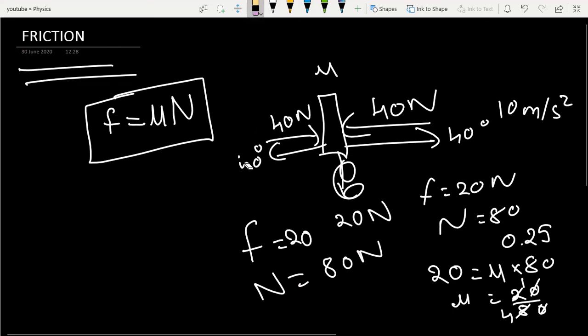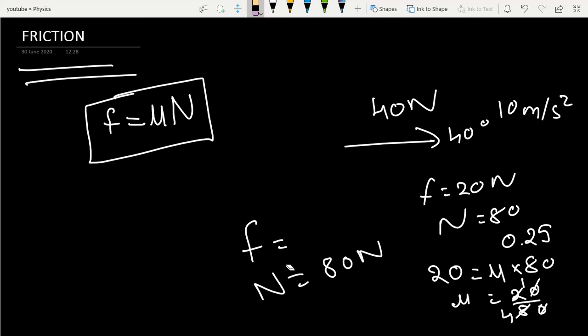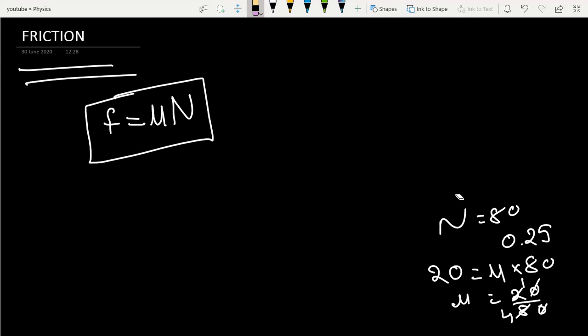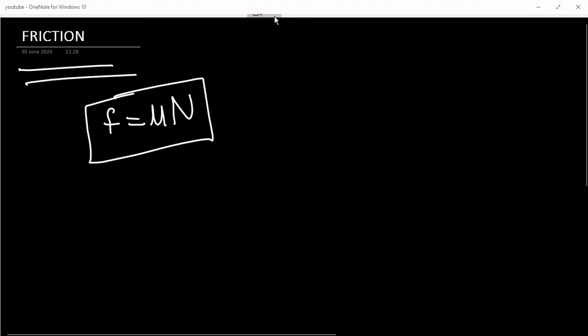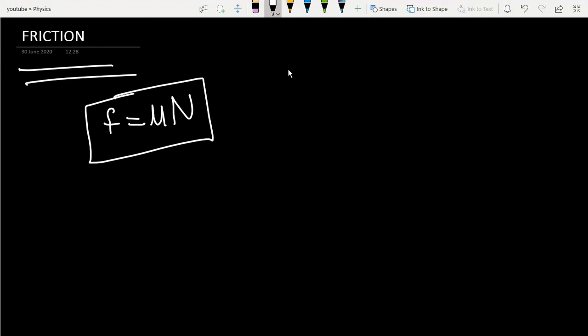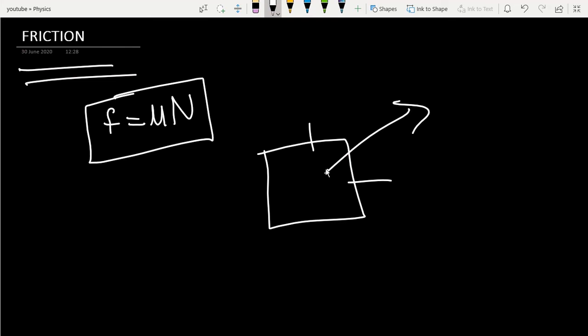Now let's see what the angle of friction is. Sometimes when a force is applied over here and not over here, there is some angle of friction.